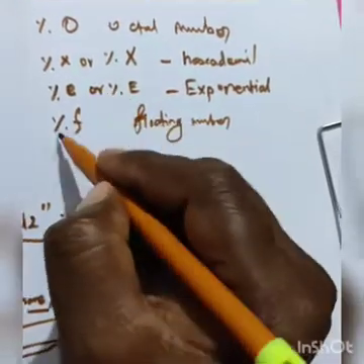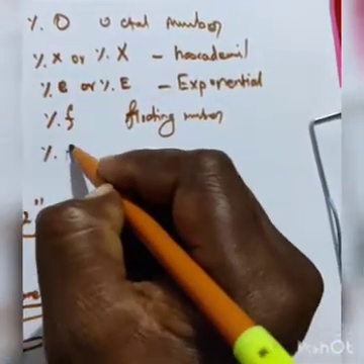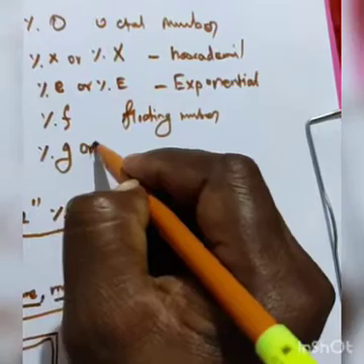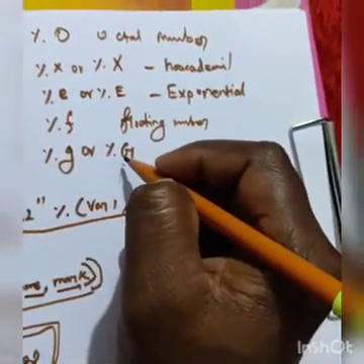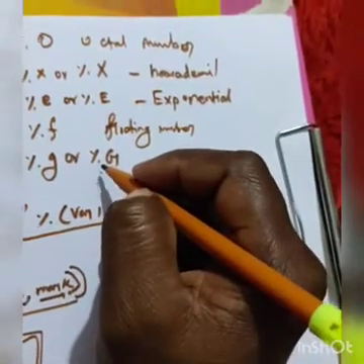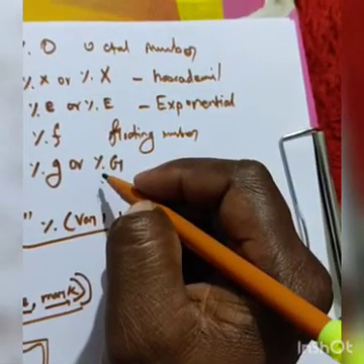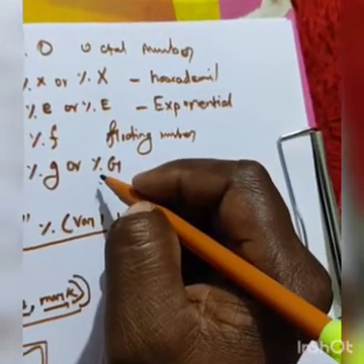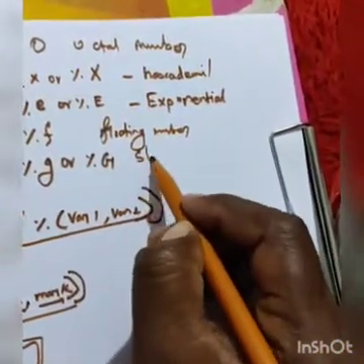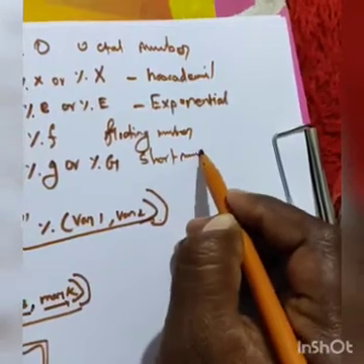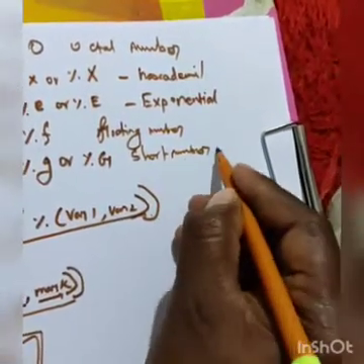Next, percentage symbol g or percentage symbol G. This is the shorter form of floating point and exponential. A short number means a small number, short numbers in floating.